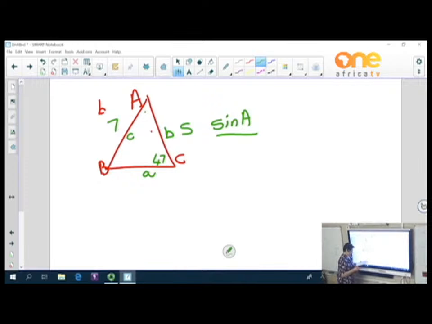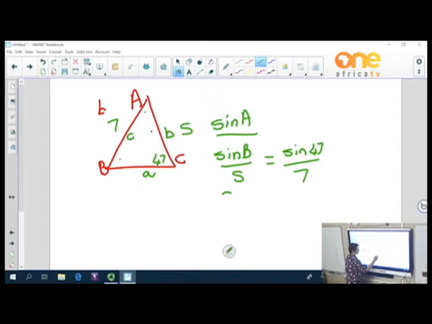Now this one is going to give a problem because I don't have opposite sides and opposite angles. So we cannot directly find A now here because I don't have an opposite side and an opposite angle. So I'm first going to find B because there I have a side. So sine B over 5 is equal to sine 47 over 7.